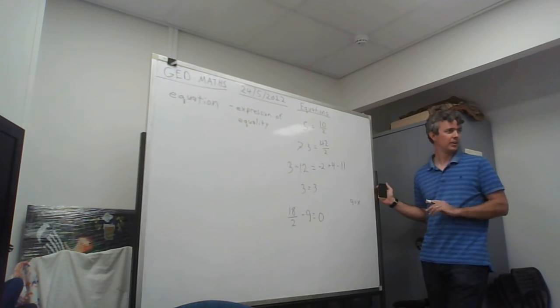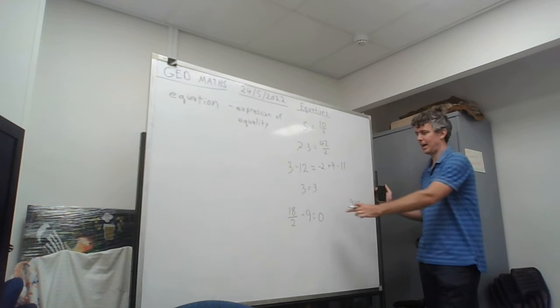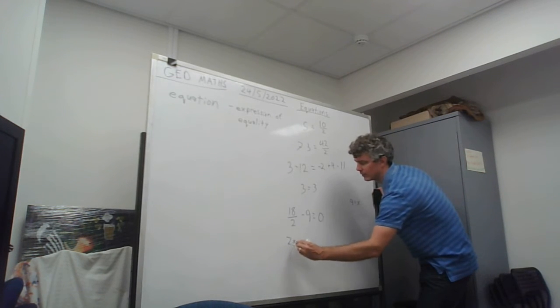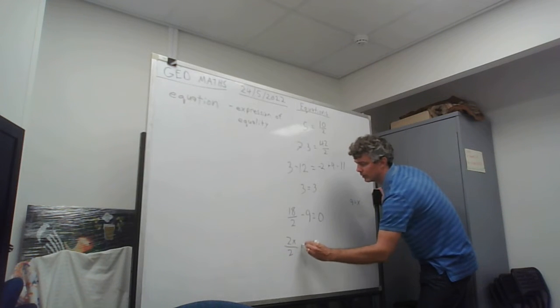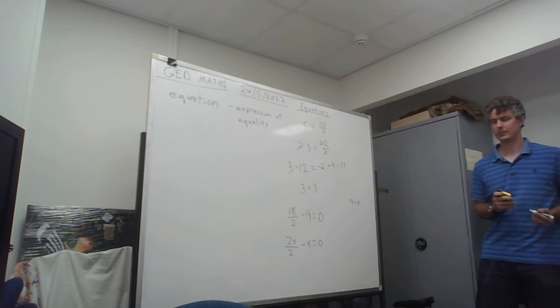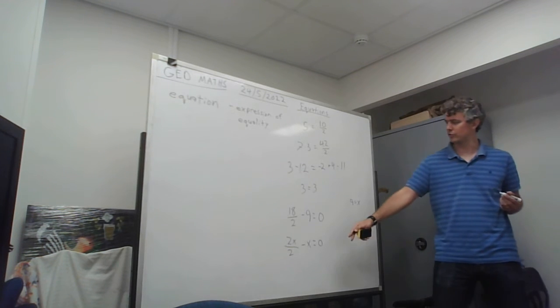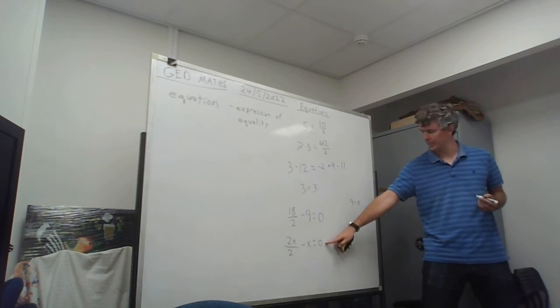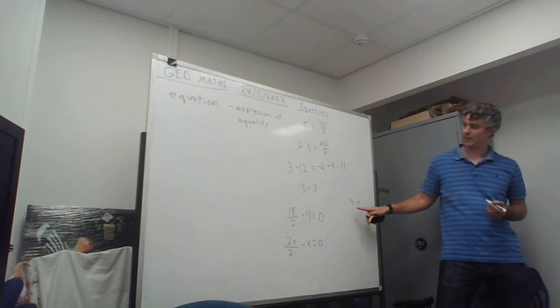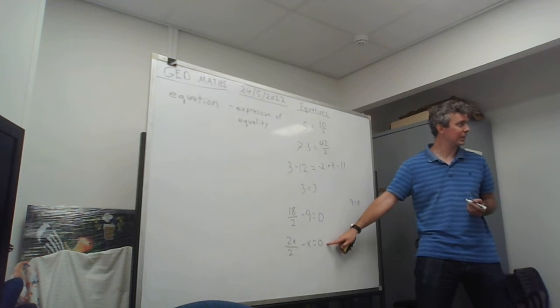Alright? So we replace 9 in here with x. So then that becomes 2x over 2 minus x equals 0. Alright? And this is true only if x equals 9.